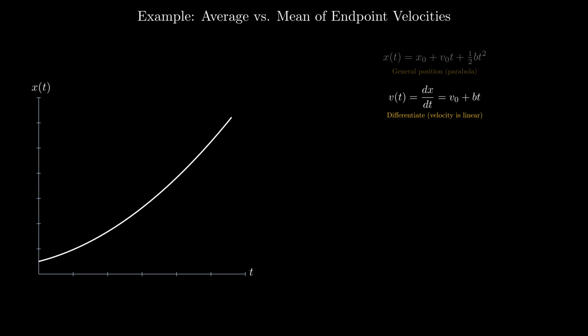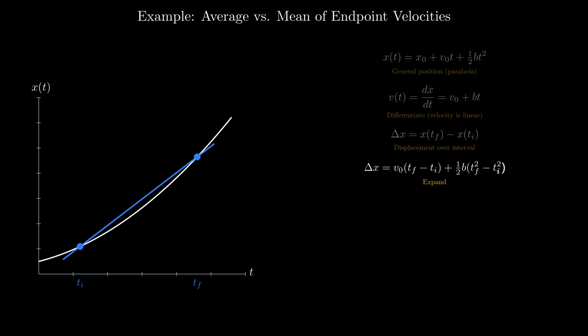Now compute the average velocity over the interval from t sub I to t sub f. The displacement is delta x equals x of t sub f minus x of t sub I. Expanding, delta x equals v naught times the quantity t sub f minus t sub I plus 1/2 b times the quantity t sub f squared minus t sub I squared.